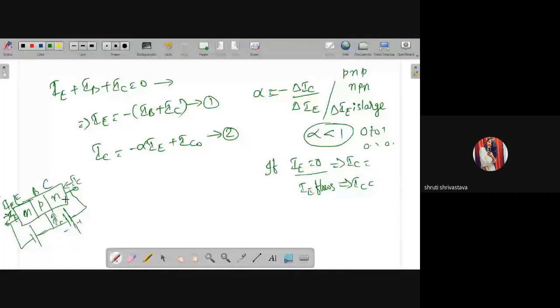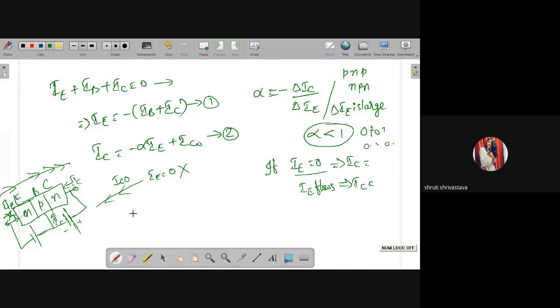If the emitter current is 0, then also, suppose it is a forward bias condition of the diode, the emitter current starts flowing in the direction from emitter to collector, whereas your collector current, nothing but the reverse saturation current, ICO, will be flowing in the opposite direction.